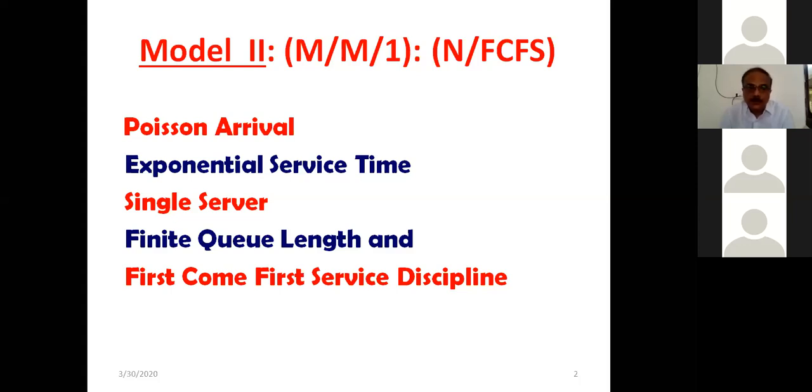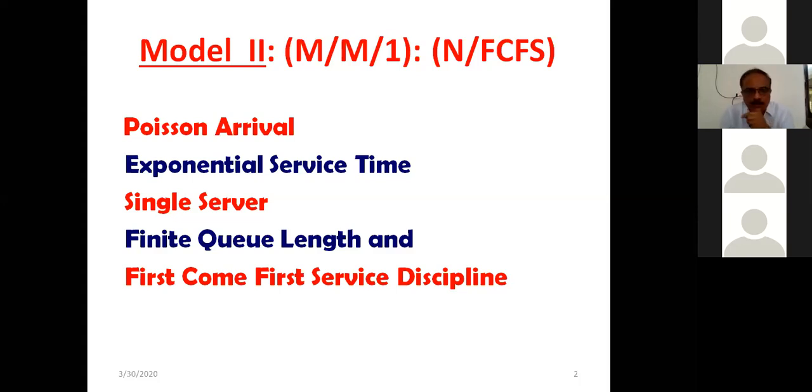But then queue length is finite. The meaning is that the number of arrivals reaching that particular server has a limit. They are finite. They are not infinite as we have seen in the first model.